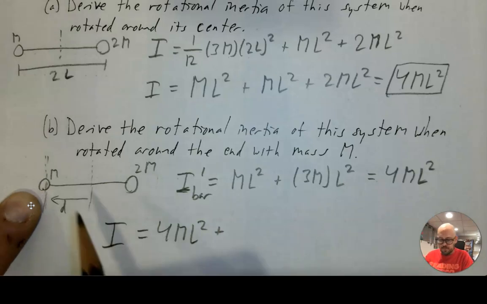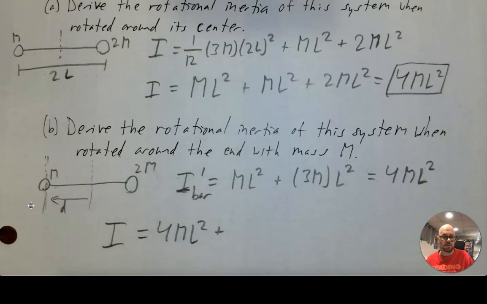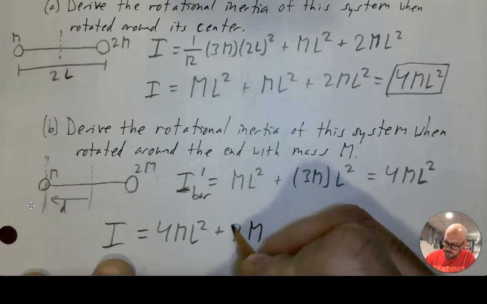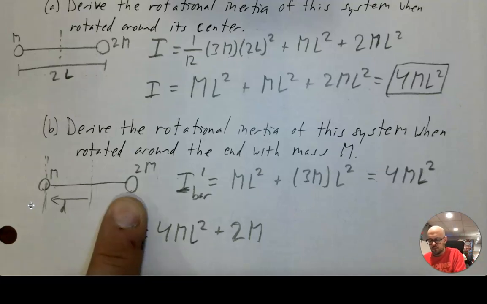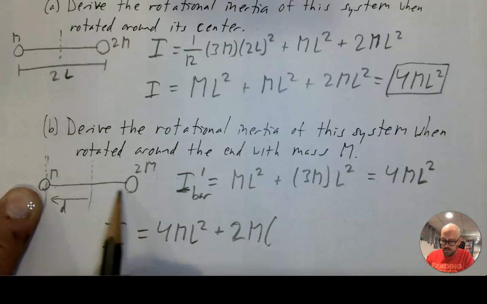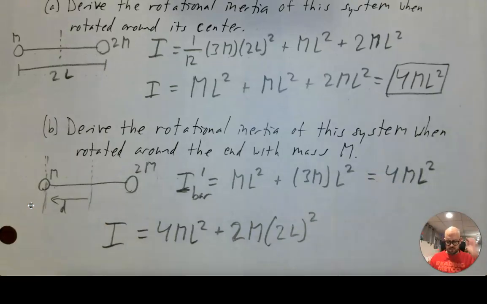I'm going to skip the sphere of mass m because it is now located at the axis, and so it will contribute nothing to the rotational inertia. It's this mass of 2m that now contributes more rotational inertia. So the mass of that is 2m, and it is now located a distance 2l from the axis of rotation.